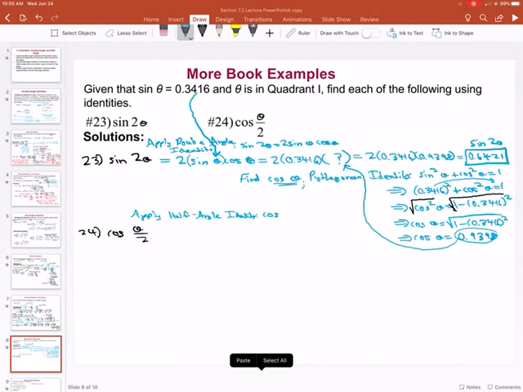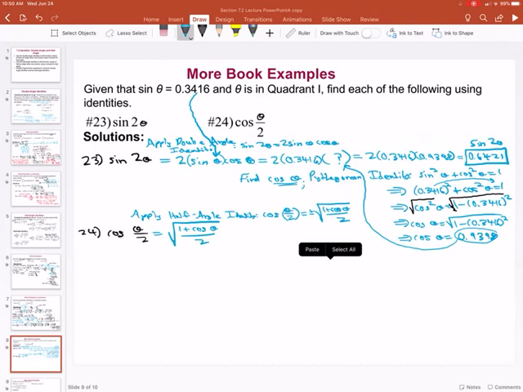What's the half angle identity? Cosine of theta over 2 equals plus or minus the square root of 1 plus cosine theta divided by 2. So if we're dealing with a quad 1 angle, we know everything is positive, so we're going to need a positive square root. We've got 1 plus the cosine of theta divided by 2.